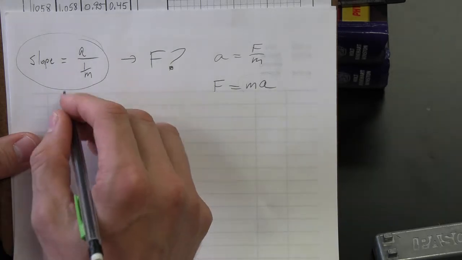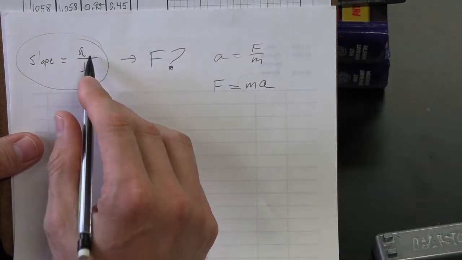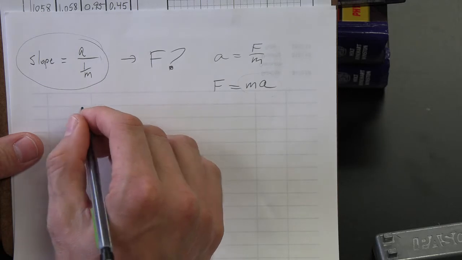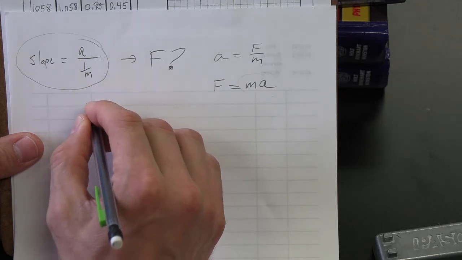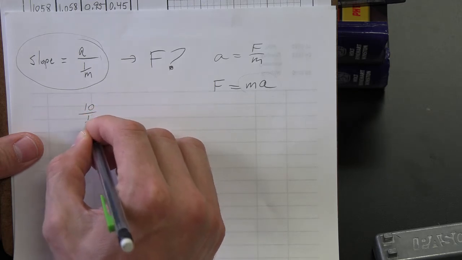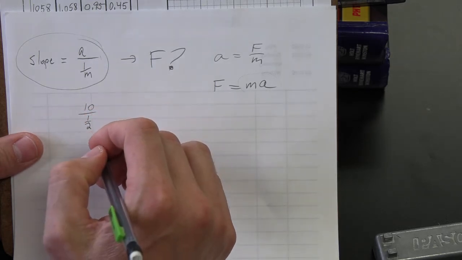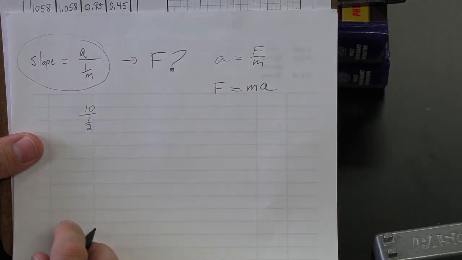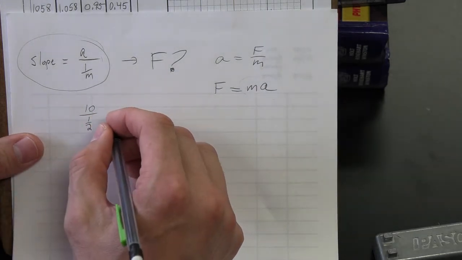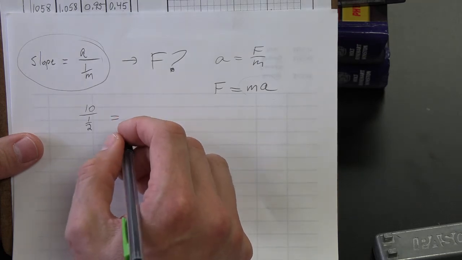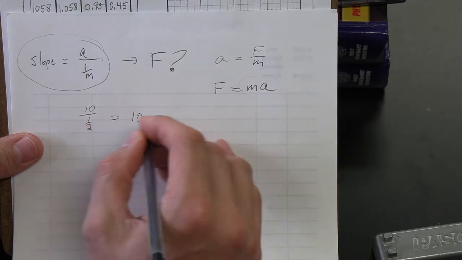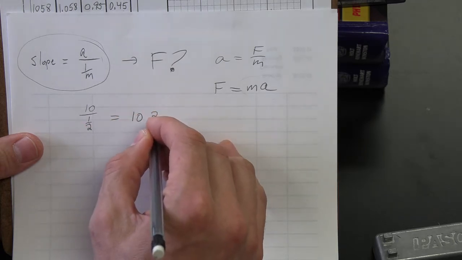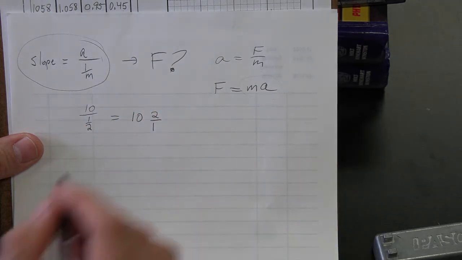Now, this can be altered. If I had, let's say, 10 divided by 1/2, you do that on a calculator, you get 20. You punch in 10 divided by 0.5. But another way to do it besides doing it on a calculator is to realize that when you divide by a fraction, it's the same as multiplying by the fraction flipped over.